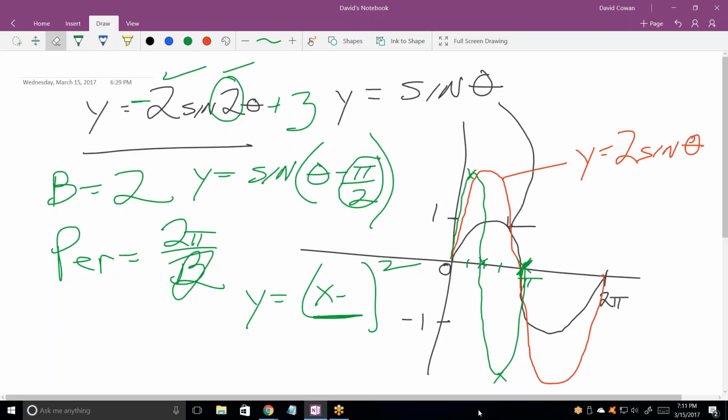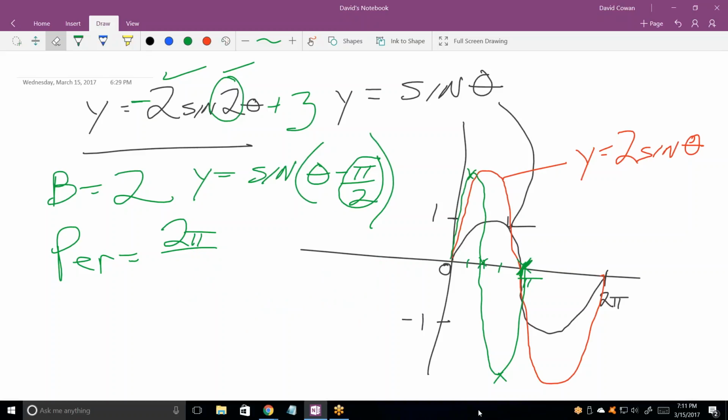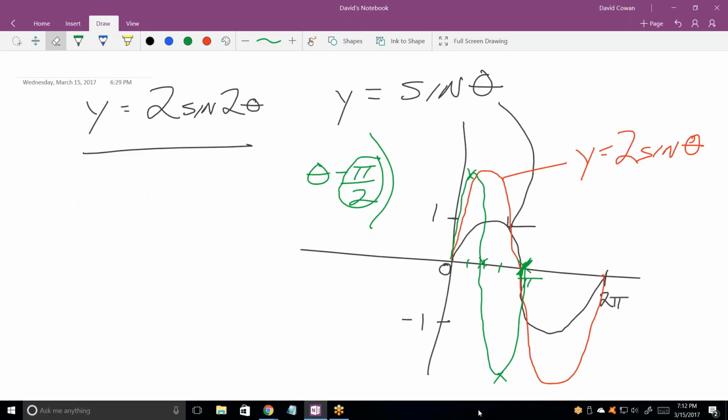So no matter what sinusoid function you give me, I can do it. I'm not quite sure why Trig does this, but they don't treat sinusoid functions like they're just polynomials. And they should, because you've learned for 2 years about transformations of polynomials. A sinusoid function is just that.